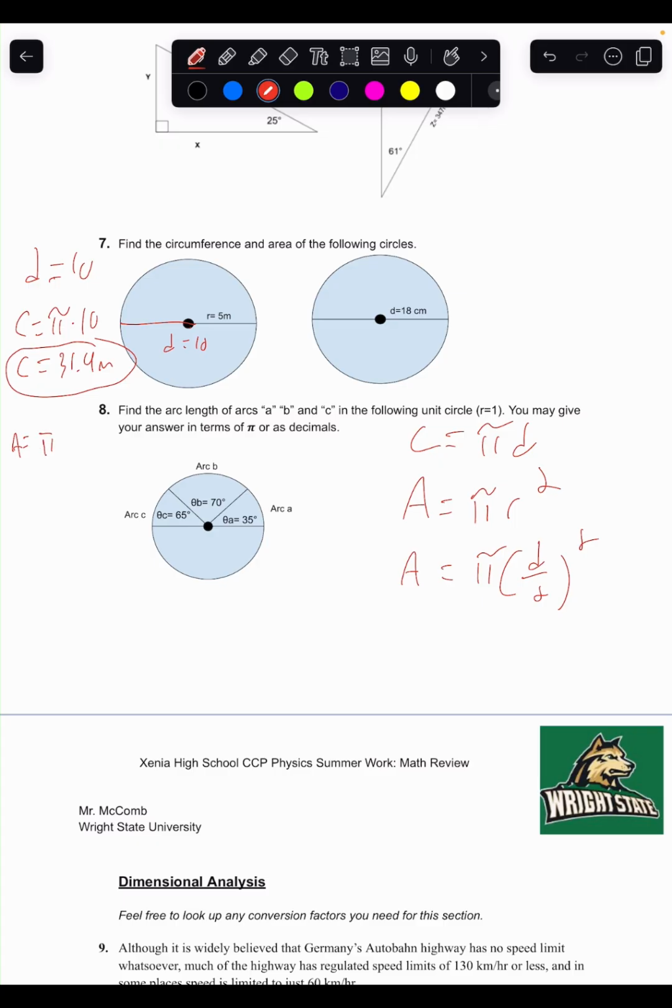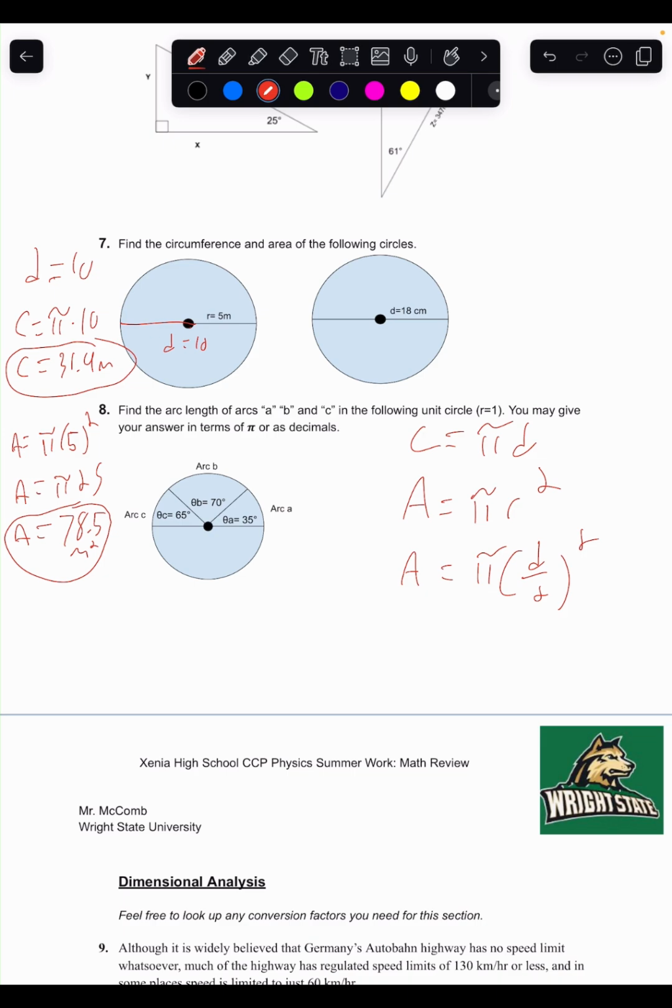So that's pi times 5 squared. 5 squared is 25. Area is pi times 25, which is going to be a little over 75. 78.5, sounds good to me. And that's in meters.